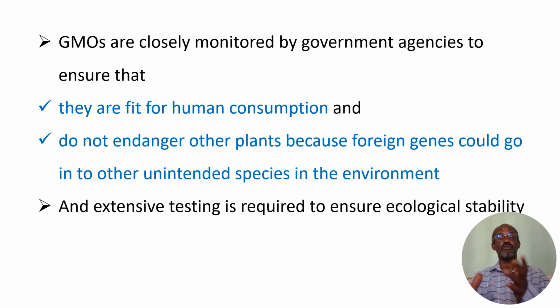Genetic modification of living organisms is in its infancy. Many argue that we haven't sufficiently seen the effect of these genetically modified organisms on human health, their long-term effect on human health, plus the long-term effect in the ecosystem.